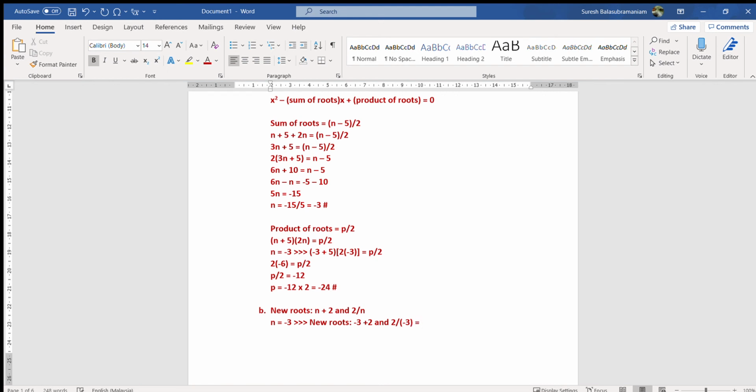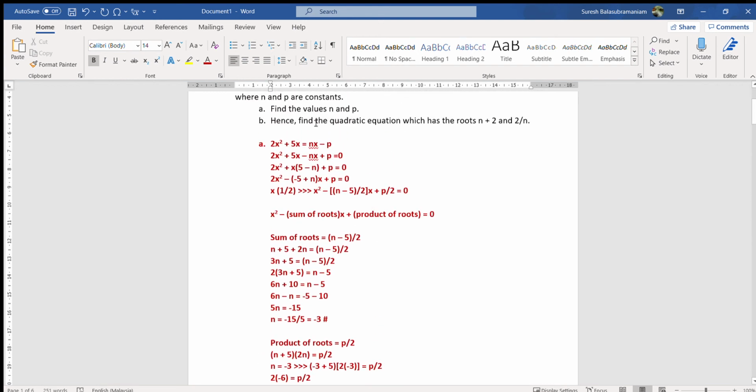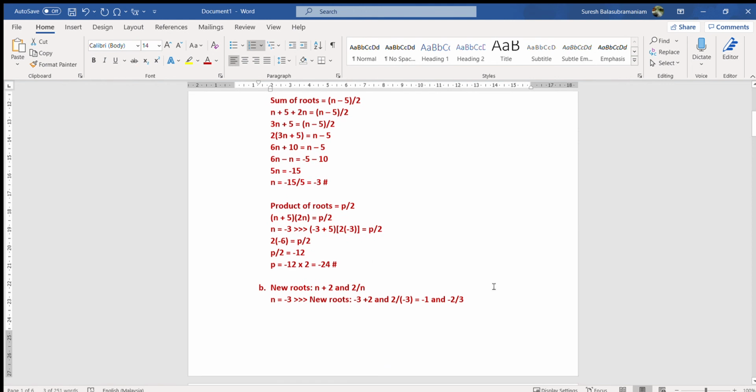So I'll get negative 3 plus 2 is negative 1 and, sorry, 2 over negative 3, negative 2 over 3. So those are my new roots, and I need to find the quadratic equation.